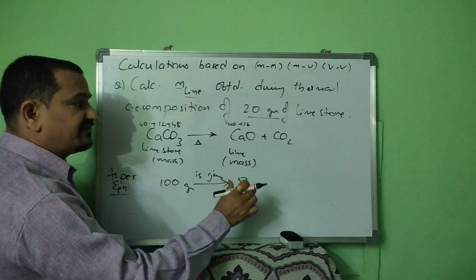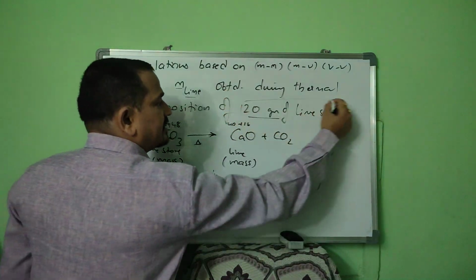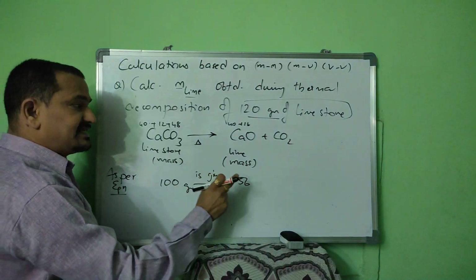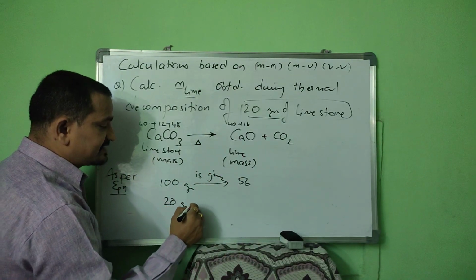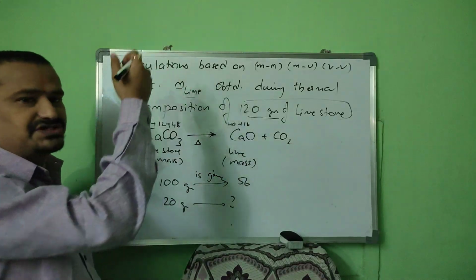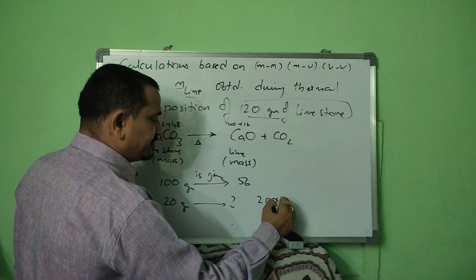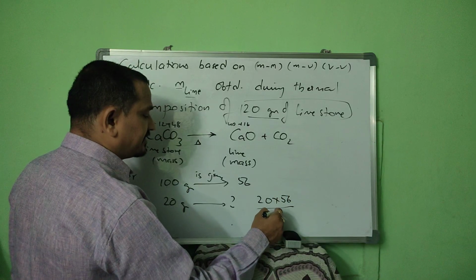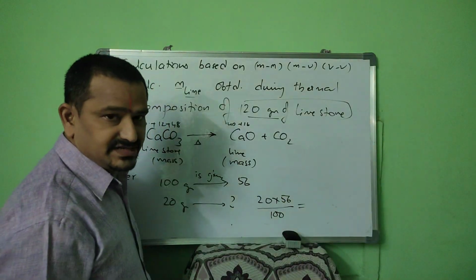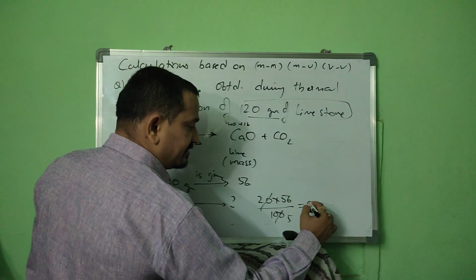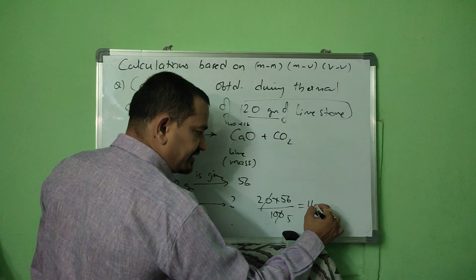When 100 gives 56, we are asked to find out 20 grams gives how much? That's the question asked. How to find it out? 20 into 56 by 100. It is 2 into 56 by 5. 5 ones are 5, 5 11s are 55, 2 more.